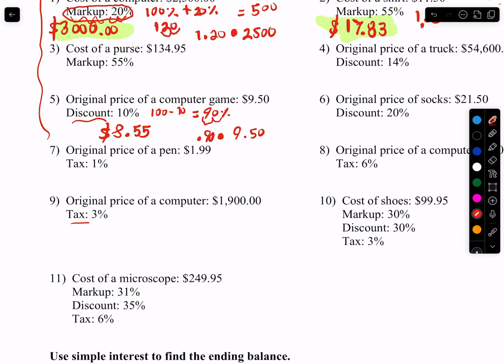Tax. Tax is like you're paying some extra, some kind of sales tax. So instead of $1.99, which will be 100% of the price, you're going to pay 101% of the price, which is, move the decimal place 2 places, 1.01 times the price. 1.01 times the price of $1.99 gives you about $2.